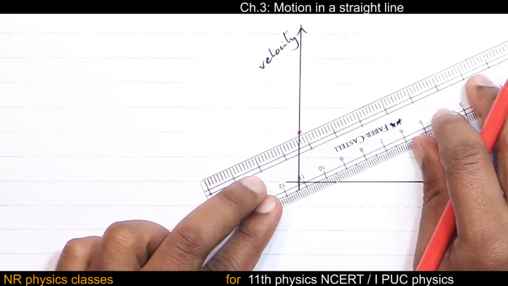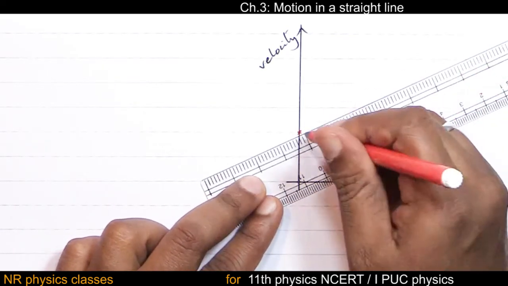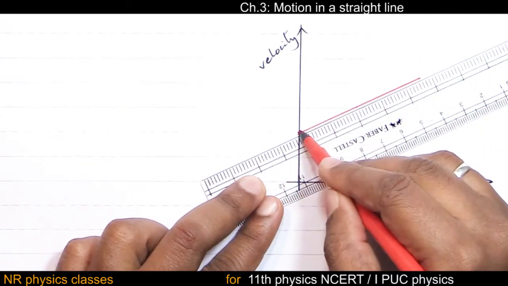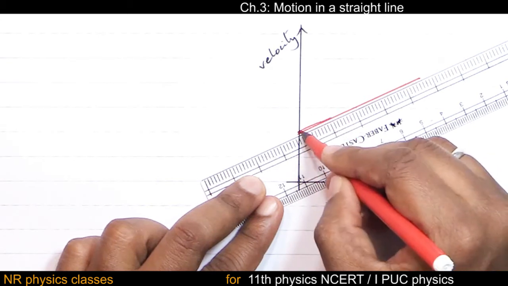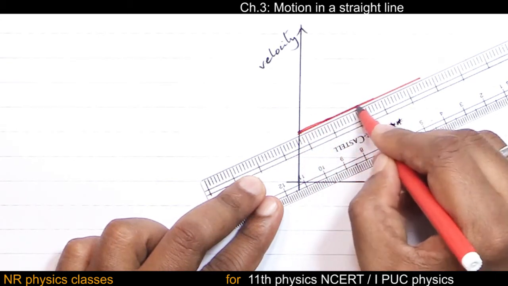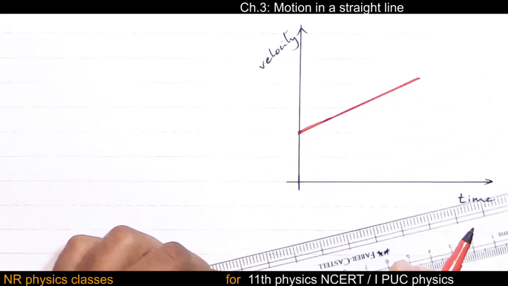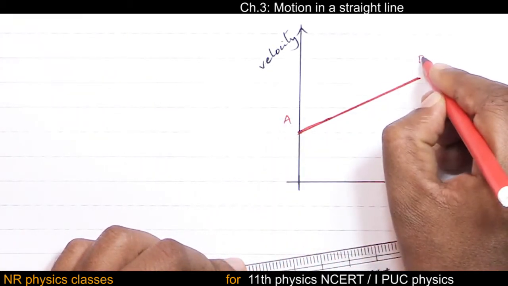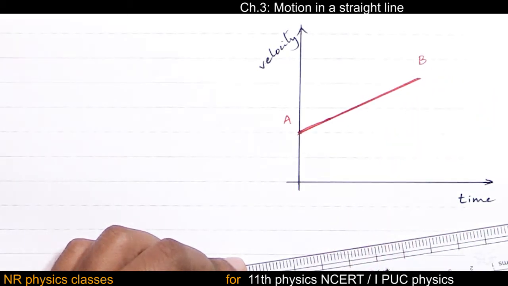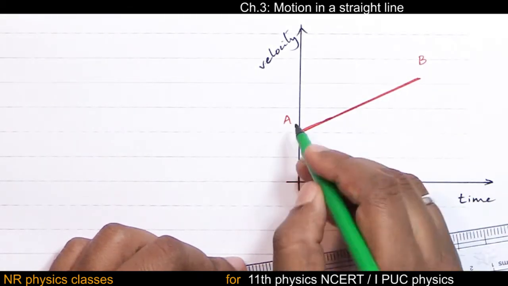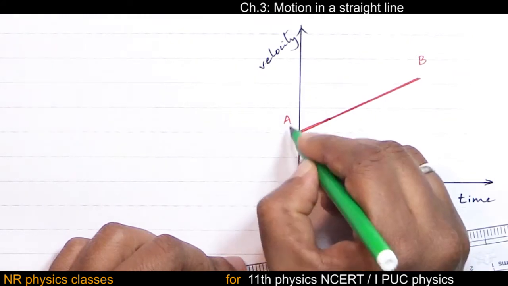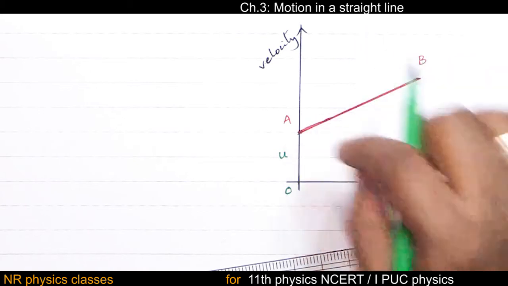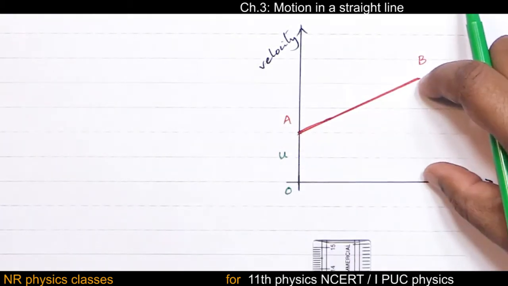I should represent accelerated motion. So this represents acceleration. So AB represents the velocity time graph. OA is initial velocity u. So this is initial velocity. This is final velocity.